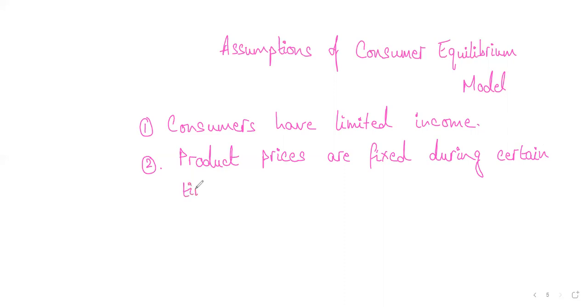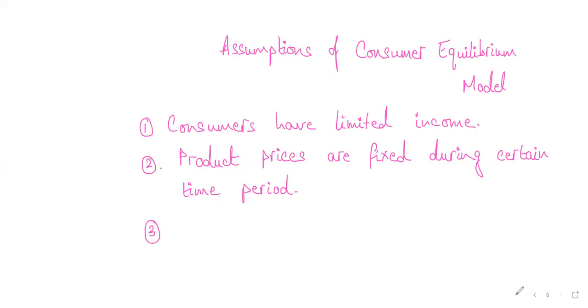Another assumption that you need to know is that there are only two products that a consumer can spend his income on. We will see how this turns out, but on a graph, we can't show more than two products.